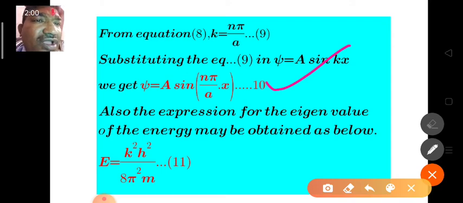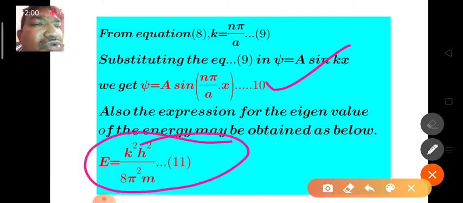Also, for the expression for the eigenvalues of the energy, from other sources we know that the energy can be calculated by the equation E is equal to k square h square upon 8 pi square m. We consider it as equation 11. From equation 9 we have the k value, so we substitute equation 9 in equation 11.